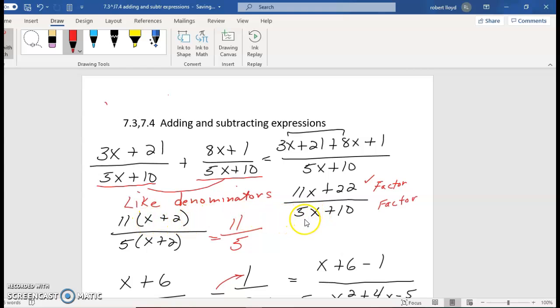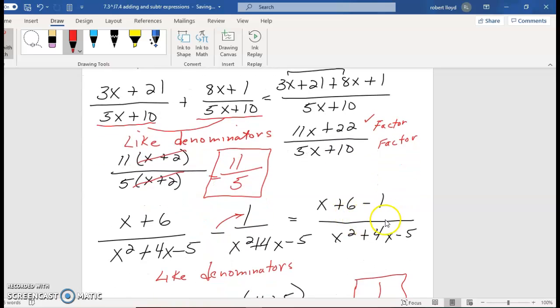We factor a 5 out of the denominator, and that gives us 5 times the quantity x plus 2. These match up, they're all multiplied. So as long as we take matching numerator and denominator, we can cancel them, leaving our final answer 11/5. So that was an addition example.